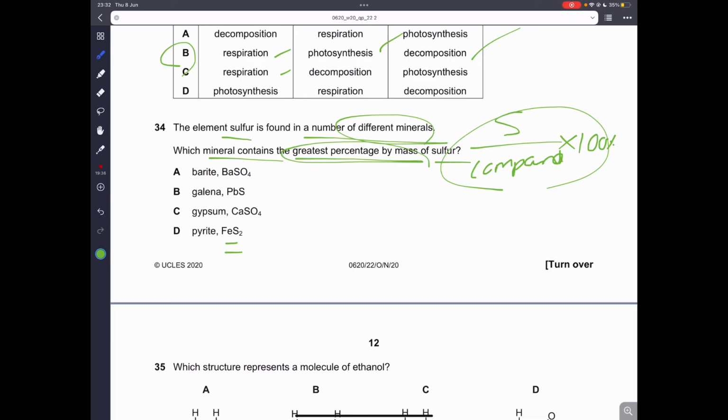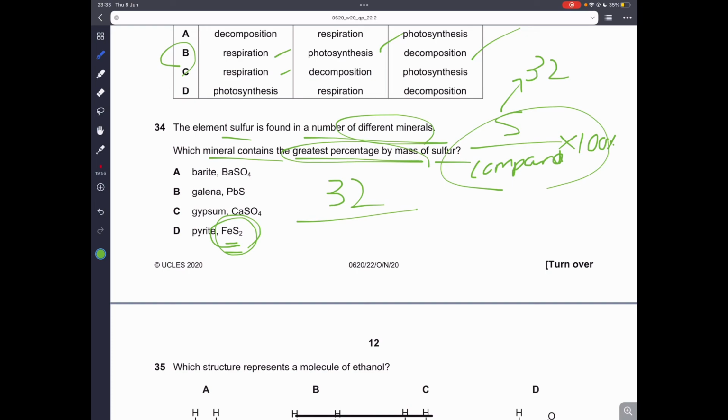FeS2, iron sulfide or pyrite. Remember the sulfur molar mass is 32. You'll be given the periodic table for that. And then for the compound FeS2, you have to find the molar mass of the whole compound.